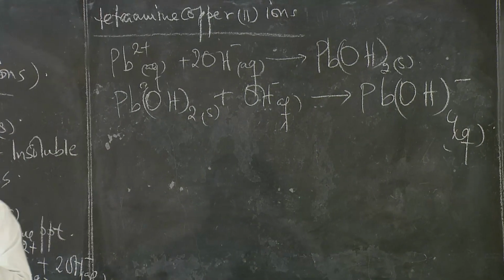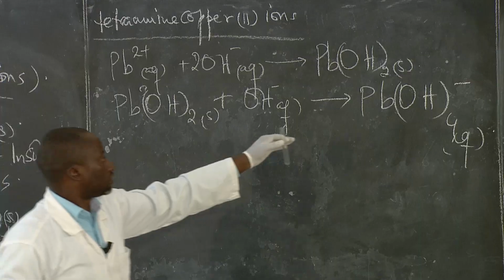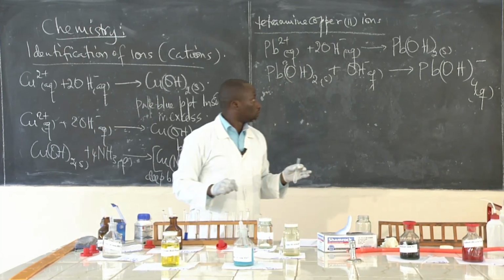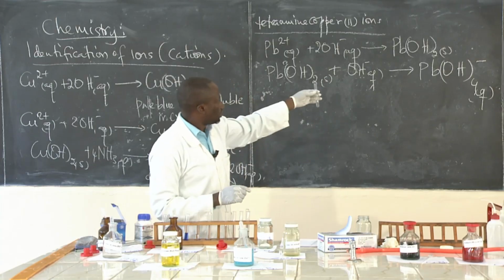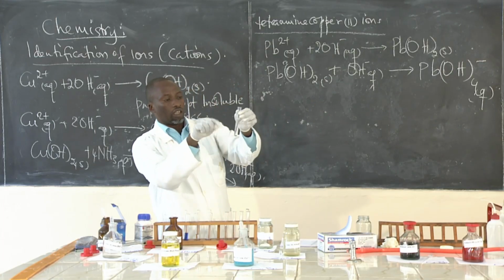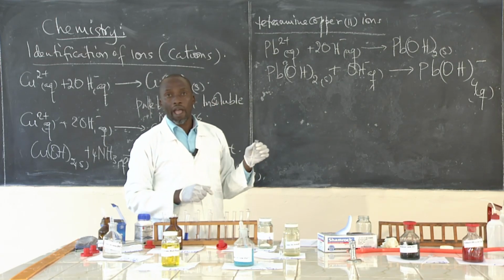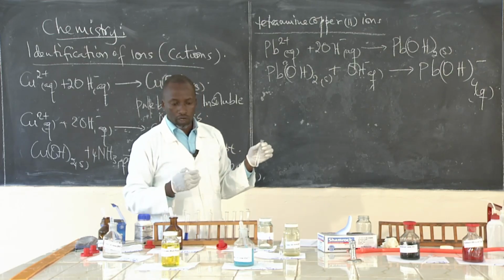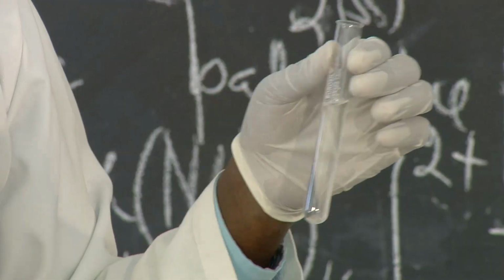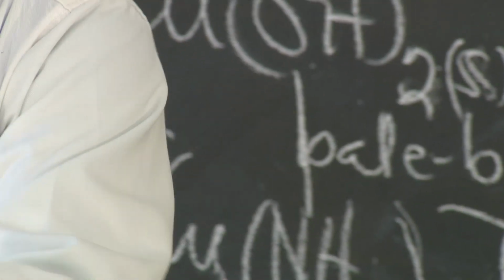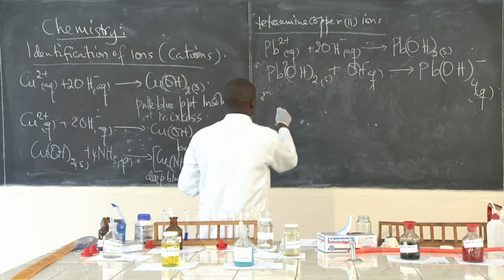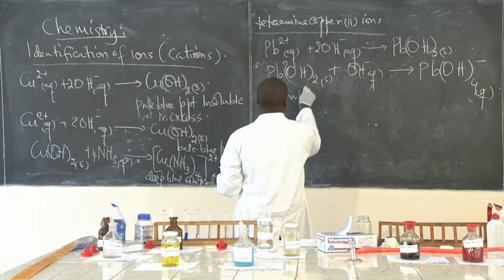So this colorless solution is tetrahydroxoplumbate 2 ions. Why does it have to dissolve, and yet others were not dissolving in sodium hydroxide? Lead 2 hydroxide, remember, is amphoteric.